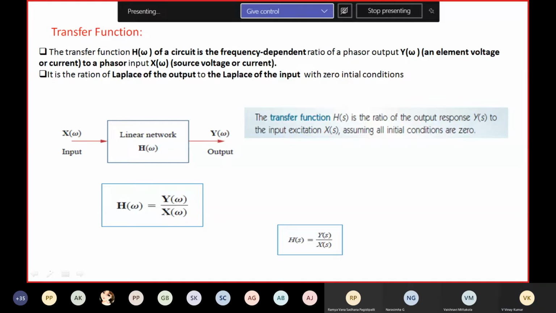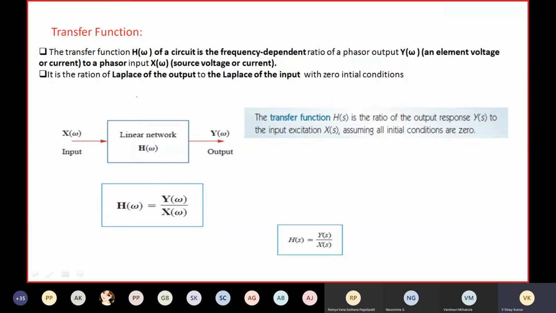In the frequency domain, the transfer function is defined as the ratio of y of omega to x of omega. Here x of omega is the input given to the system, y of omega is the output from the system, and h of omega is the network function. So h of omega is equal to y of omega by x of omega.